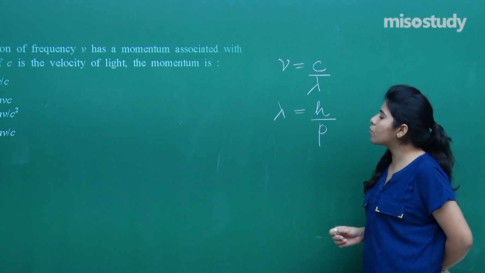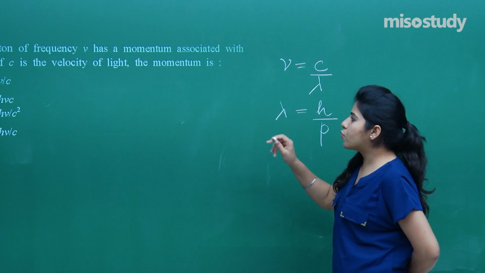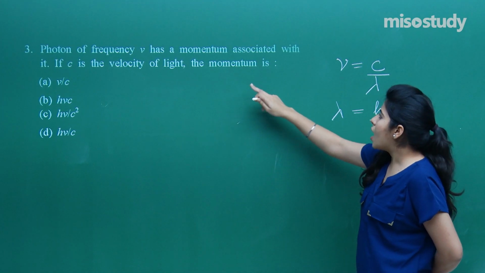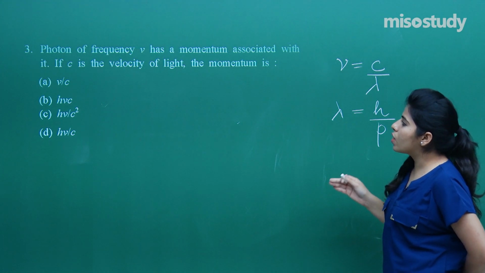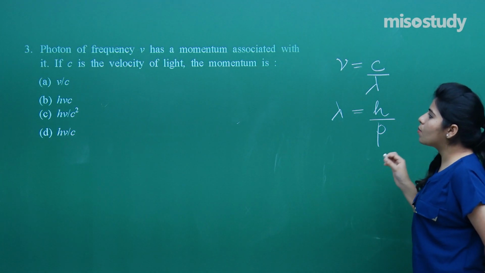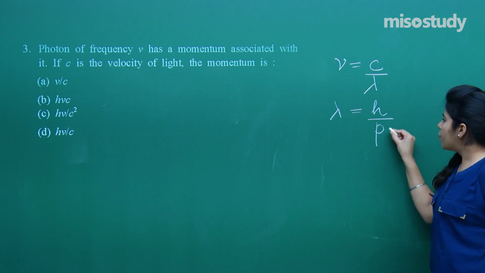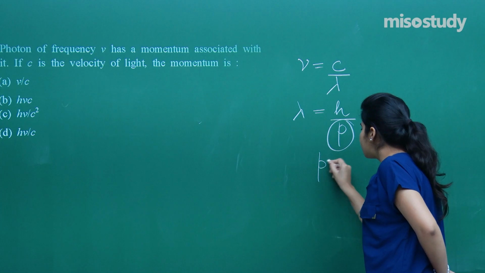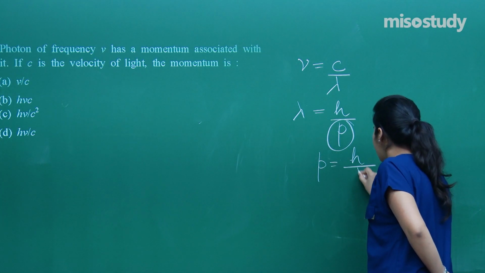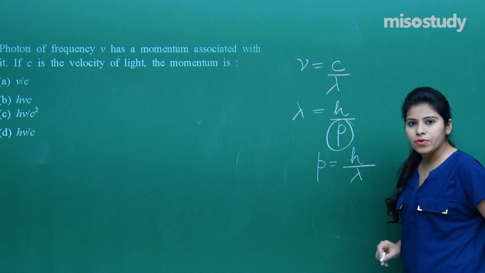Now let us see what the question says. The photon of frequency nu has a momentum associated with it. If c is the velocity of light, what is the momentum? We have to find this momentum. That means p equals h by lambda, right?